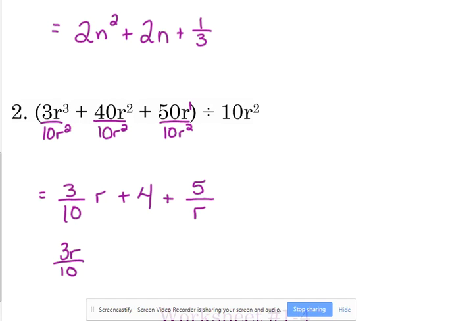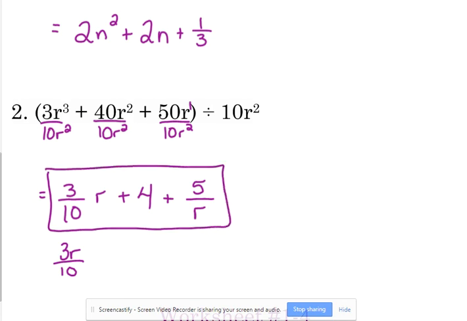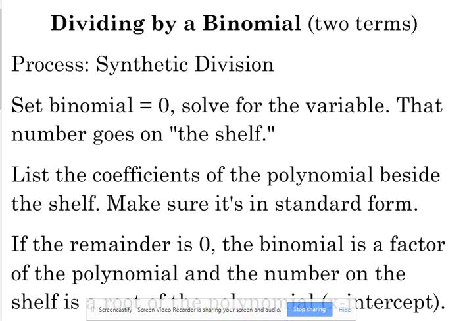So that's 5 over r. So again, make sure it's very clear where your r is. Is it in the numerator, or is it in the denominator? Okay? All right, so let's go ahead and talk about dividing by a binomial.